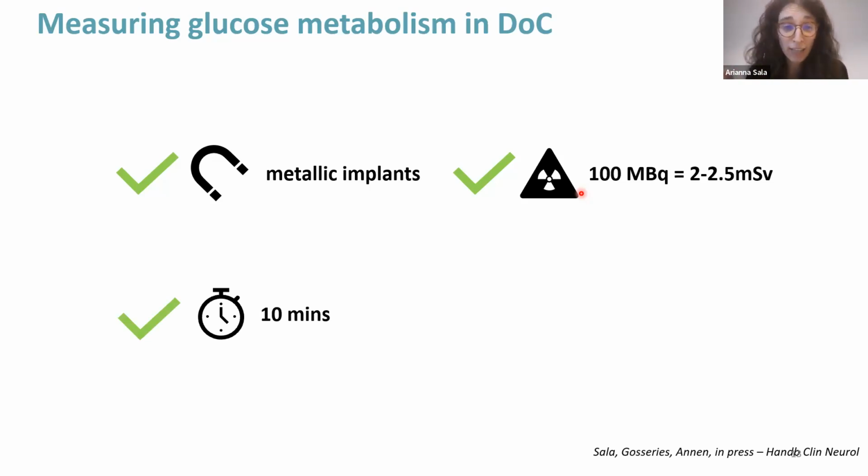The scan duration is short. Right now, we do around 10 minutes for a scan, but with a new scanner, we will probably be able to take it down to even less, maybe 8, 7, 6 minutes.